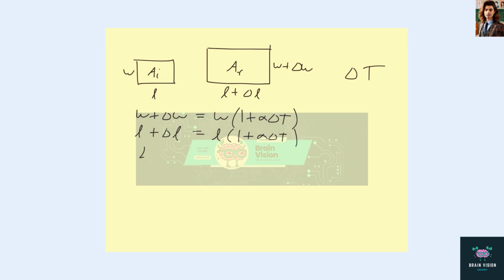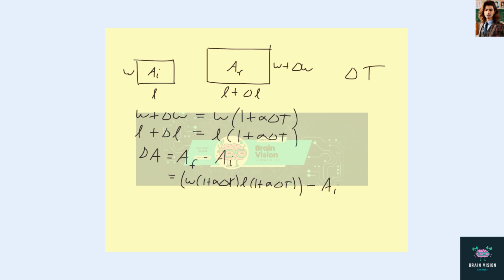Now our change of area, delta A, which we want to find, is going to be equal to our final area, AF, minus our initial area, AI. And our final area is going to be the length and width final of our new rectangle, which is going to be W times 1 plus alpha delta T times length times 1 plus alpha delta T, minus our initial area AI.